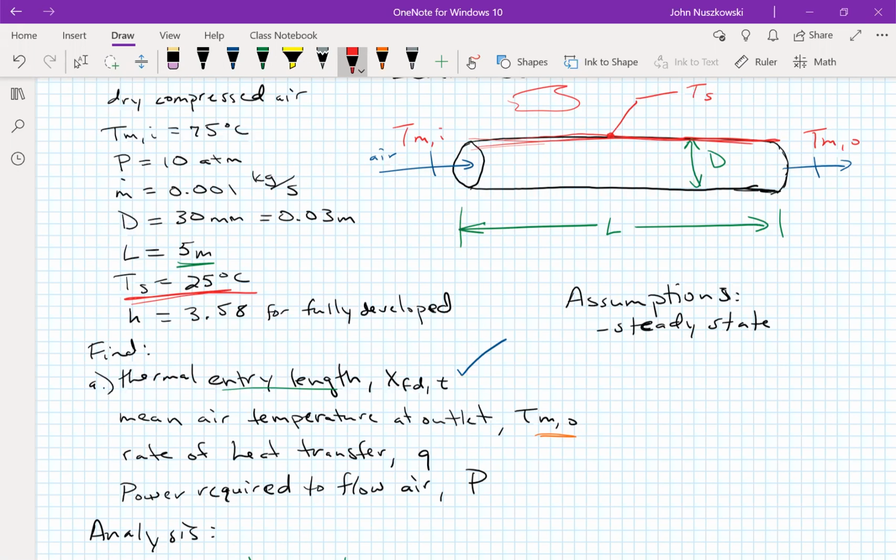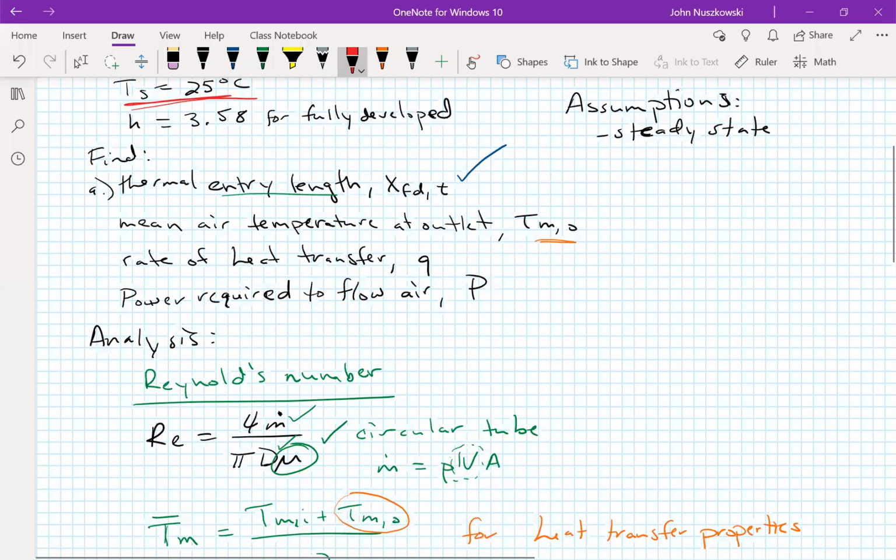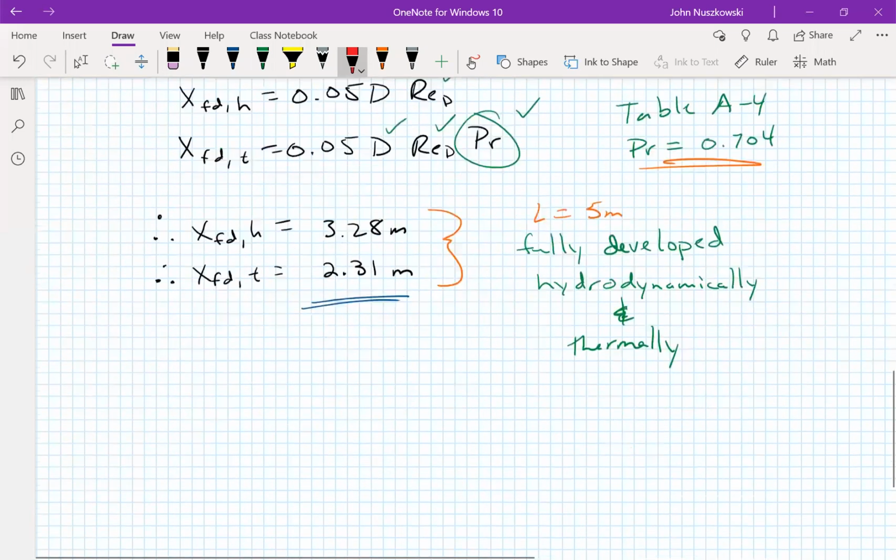So that's where a constant surface temperature boundary condition really comes from, but we just usually have a temperature given to us. All right, so we have constant surface temperature.